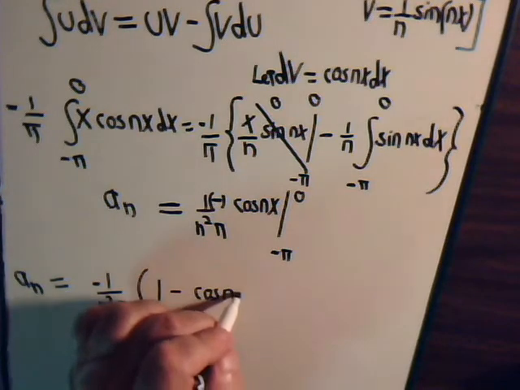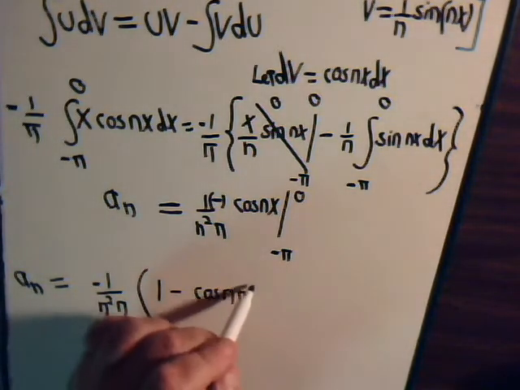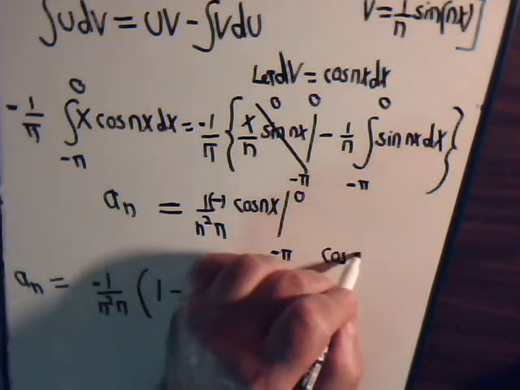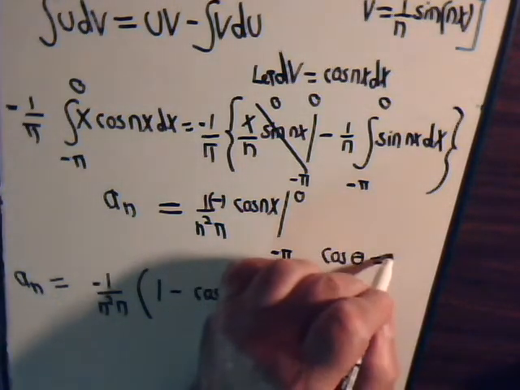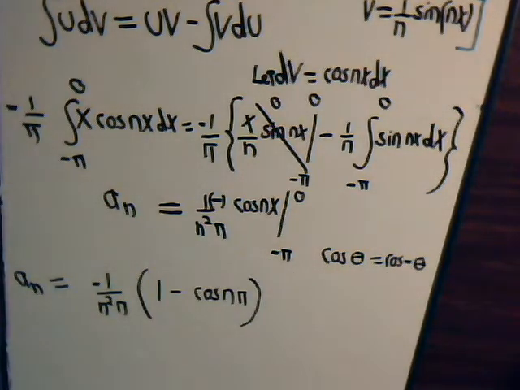That's the same thing as the cosine of n times pi, because the cosine is an even function. And the cosine of theta equals the cosine of minus theta. The cosine of minus n pi is the same as this.